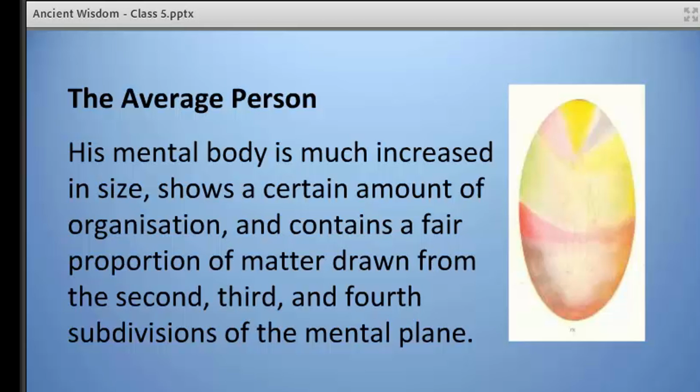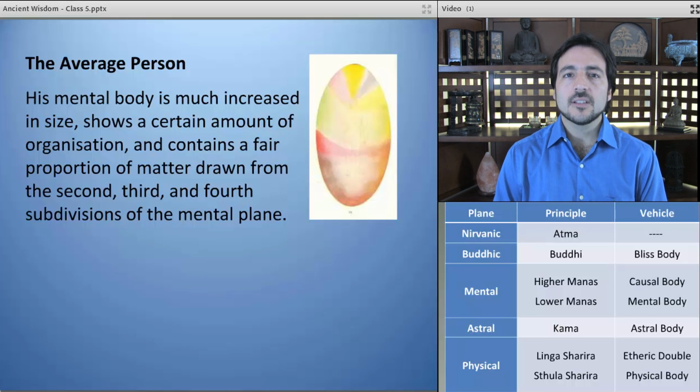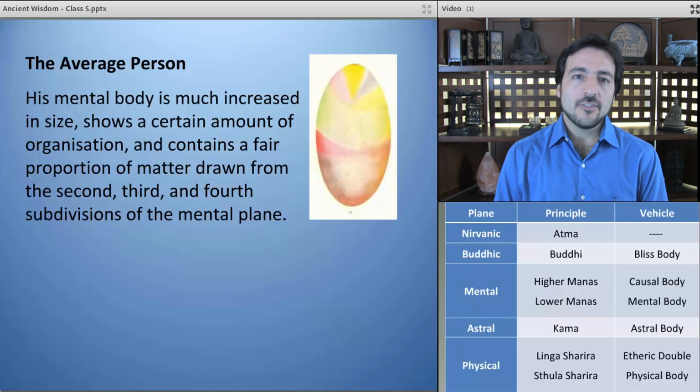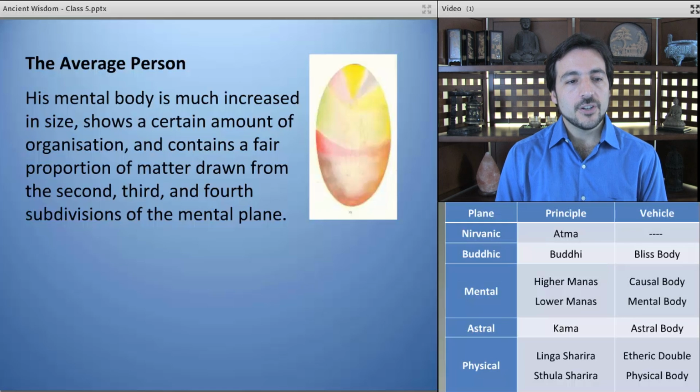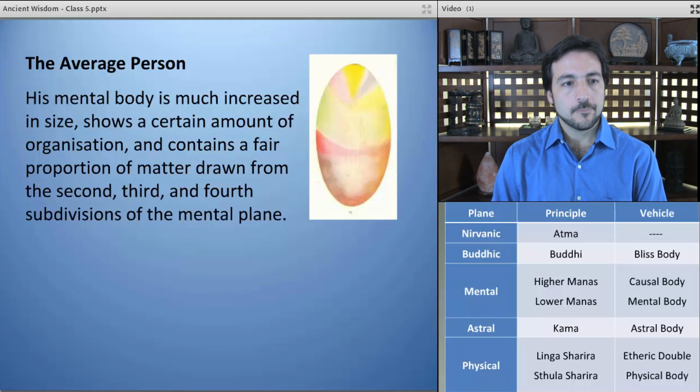And the material, remember that the lowest subplanes of any plane are the denser kind of matter. In the first mental body, the primitive mental body, most of the matter is of the first or lowest subplane. Here, little by little, there is higher matter that begins to be part of this body.